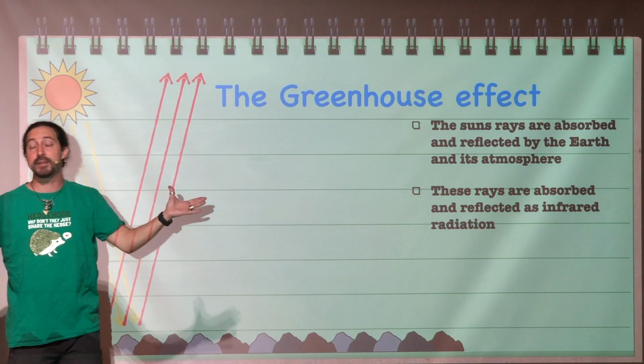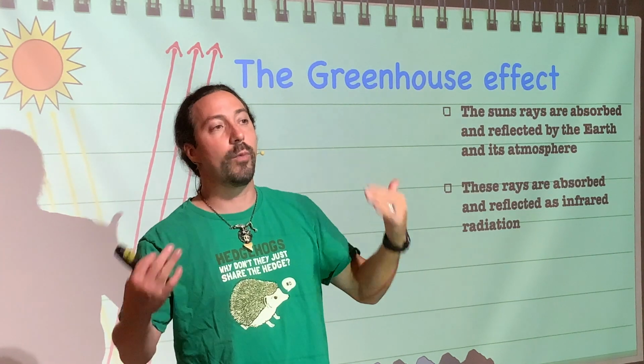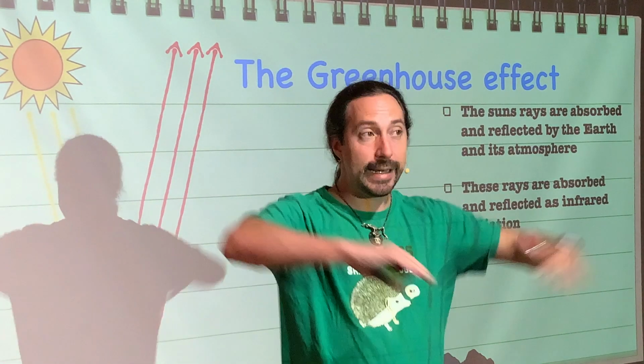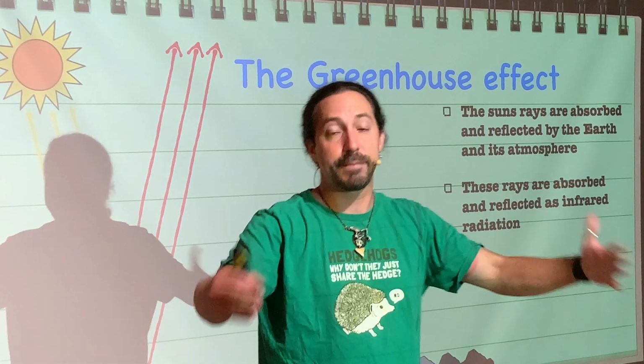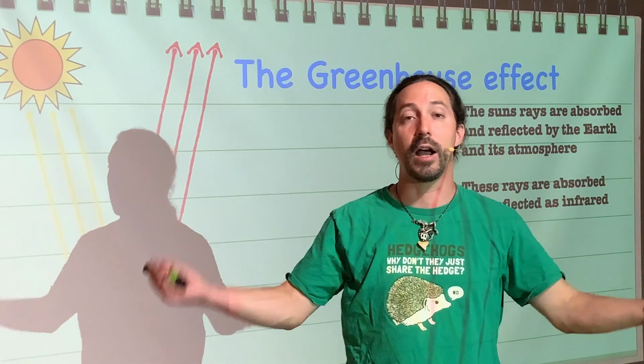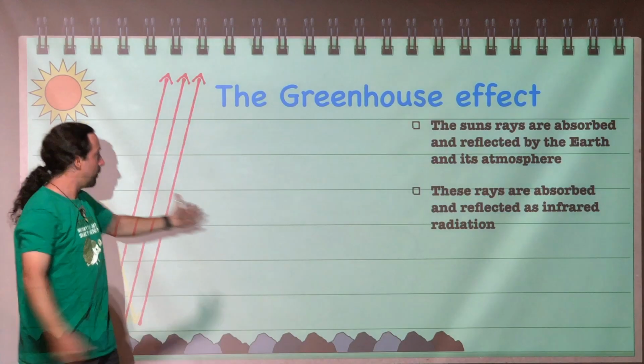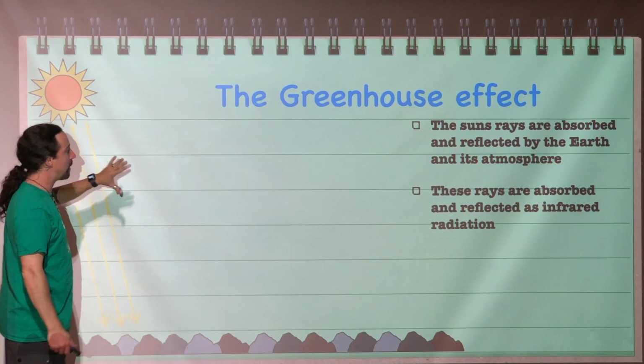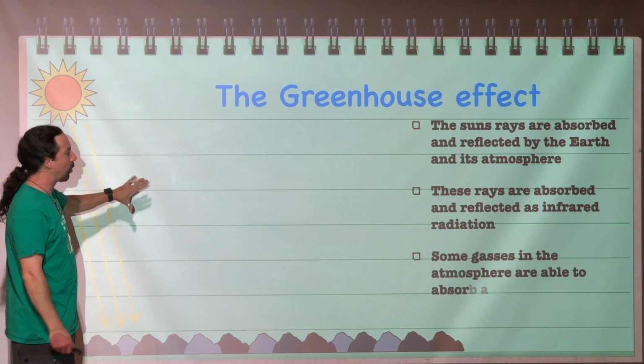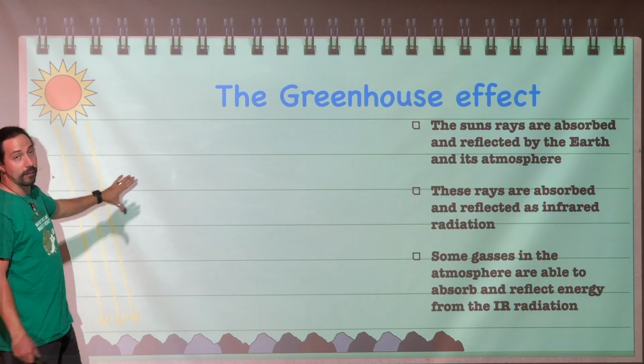But if it just escapes into space, that means that we are not going to be able to have any heat upon this planet. This planet would just be a frozen rock because all of the heat would have escaped into space. But thankfully, we happen to have some molecules that are able to absorb those infrared rays.